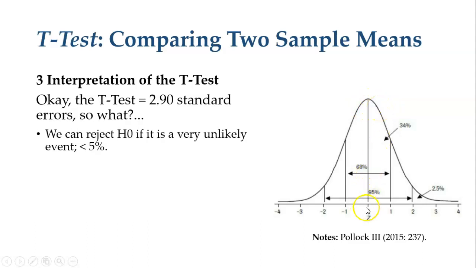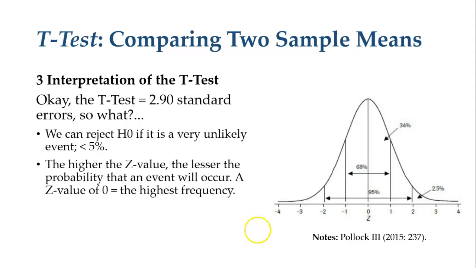So when we move from that 0 in the z-score to number 1, number 2, number 3, or -1, -2, -3, an event is going to be less likely to occur, okay? So the higher the value of z, the better for us, because we want to reject the null hypothesis.